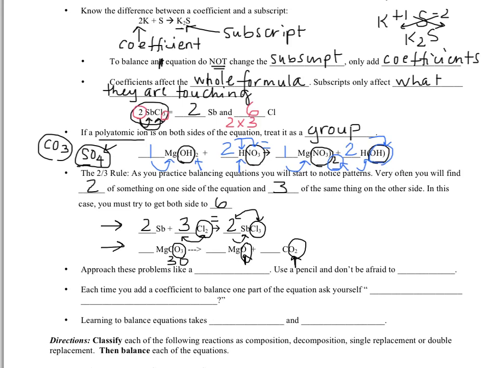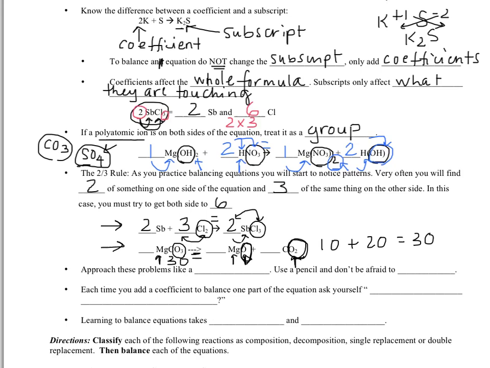I got 3 oxygens here, and here I got 1 plus 2. So 1 oxygen plus 2 oxygens gives me 3 oxygens. I've already got 3 oxygens on both sides. That's already equal. And I can check my magnesiums and go, ooh, look, those are also equal, 1 of each.